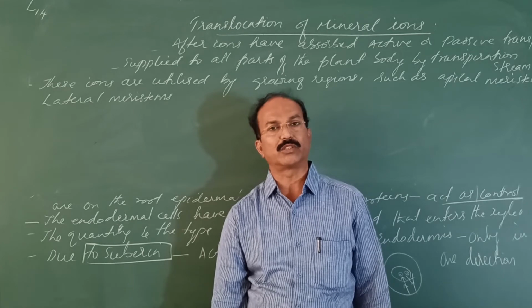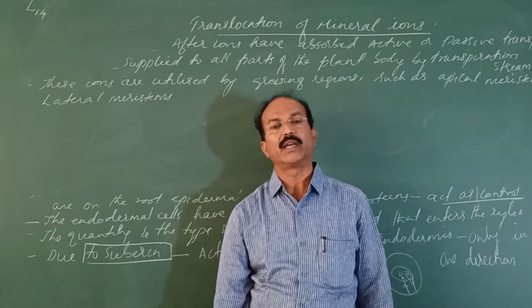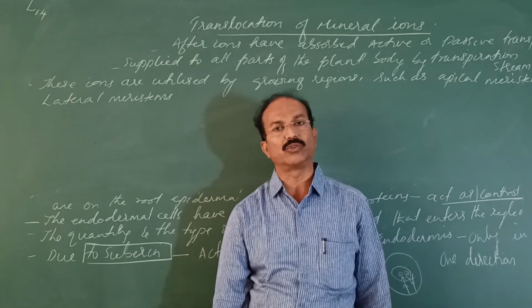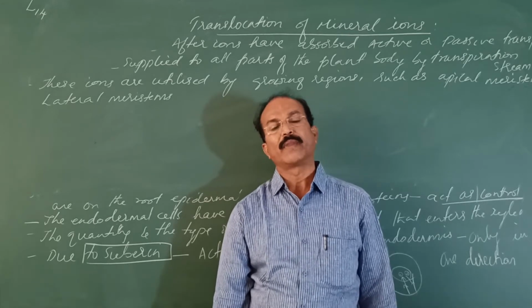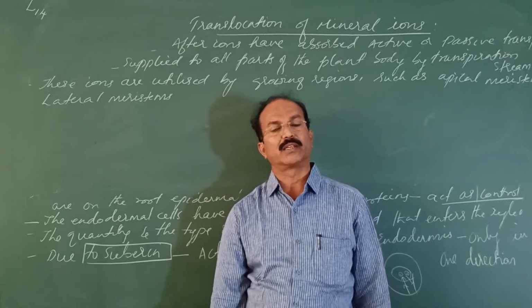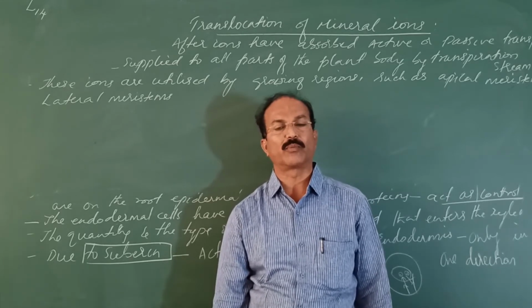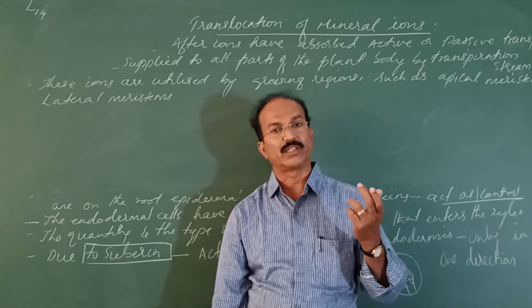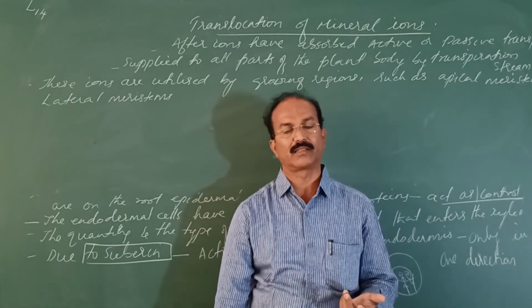Lateral meristems are present laterally in the plant body and are responsible for increasing the diameter of the plant body. Secondary growth occurs due to these lateral meristems. Intercalary meristems are present at the nodal regions and are involved in elongation of the plant body. These meristems are undifferentiated, actively dividing young cells.